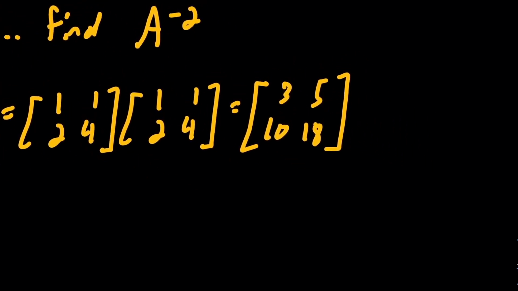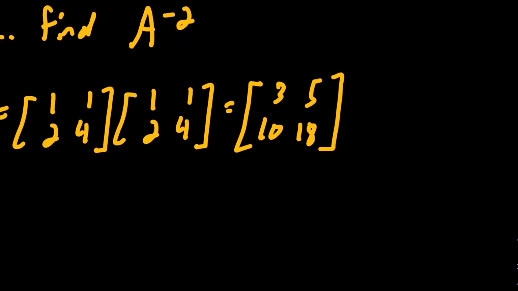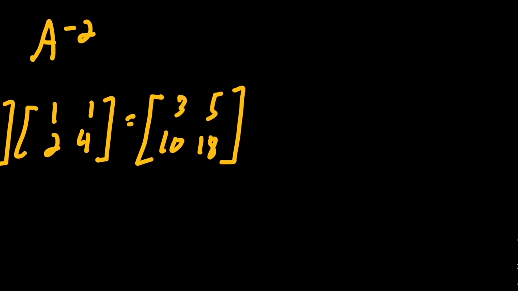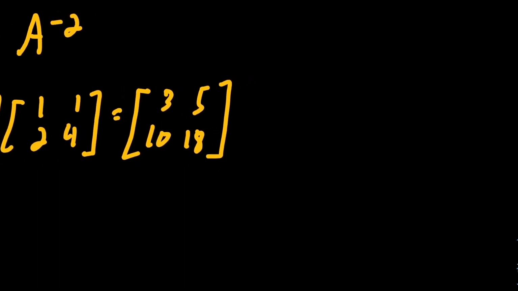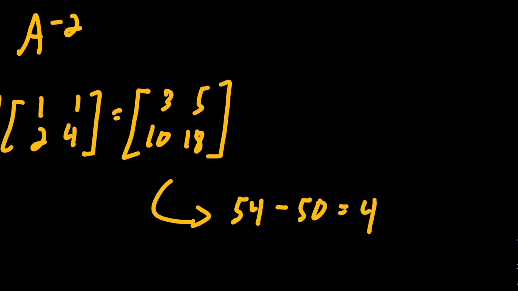Do we remember the quickest way to find that out? And if you recall, it's using the determinant. So 3 times 18, that is 54, and that 54 minus 5 times 10, that's 50, and that's 4. What happens when the determinant doesn't equal 0?